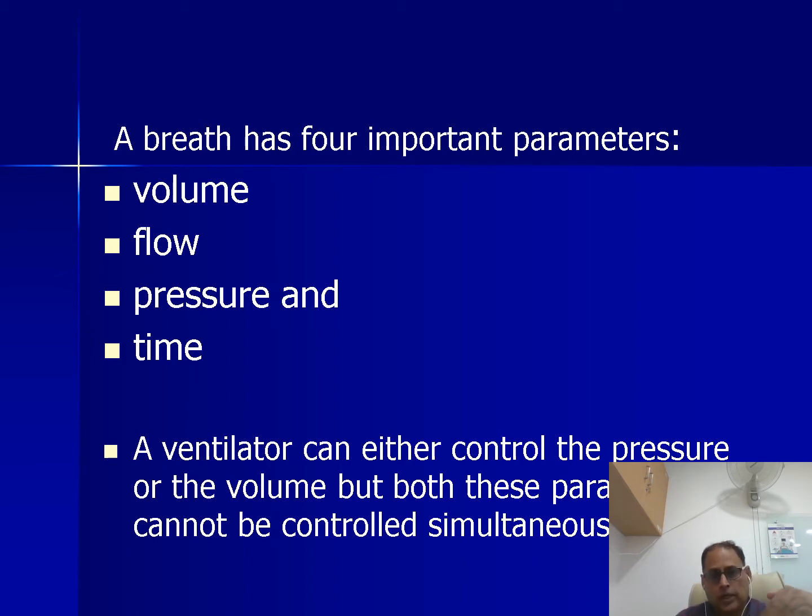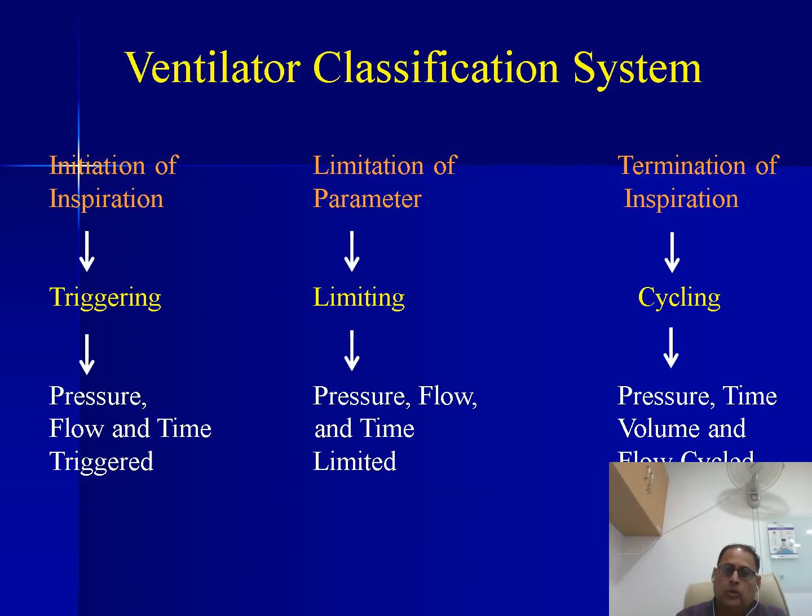Then the pressure, and largely the pressure gradient that is induced by the ventilator, and lastly the time, which we will discuss later. Now, ideally a ventilator can either control the pressure or the volume, but both these parameters cannot be controlled simultaneously, even though we will be talking about certain modes called dual modes where you can try this, but for all practical purposes either you can set the pressure or the volume.